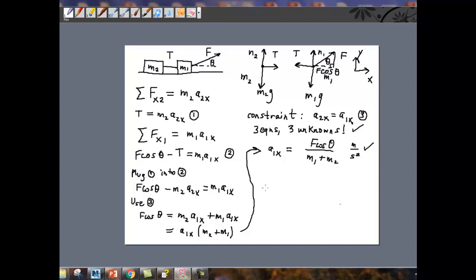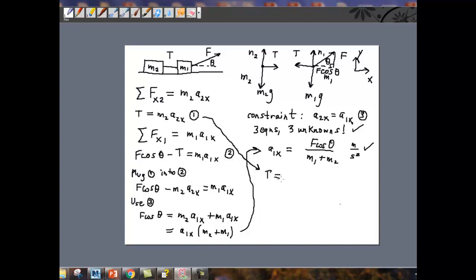So that's good. And then finally, we just want to take equation 1 and substitute in the acceleration into that. That will allow us to solve directly for the tension T. All right, remember, by equation 3, a1x and a2x are the same. So I can just sub right in.